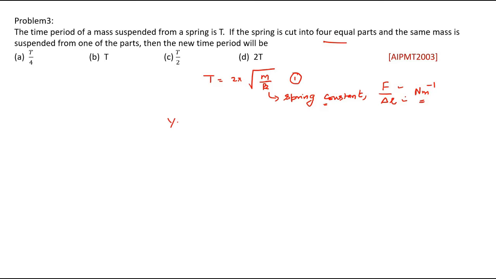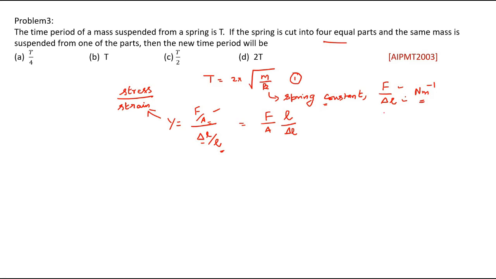We know that Young's modulus Y is longitudinal stress by longitudinal strain. Stress is force per unit area, strain is delta L by L. L is the original length, delta L the increase in length, A the area, F the applied force. This is simply F by A times L by delta L.